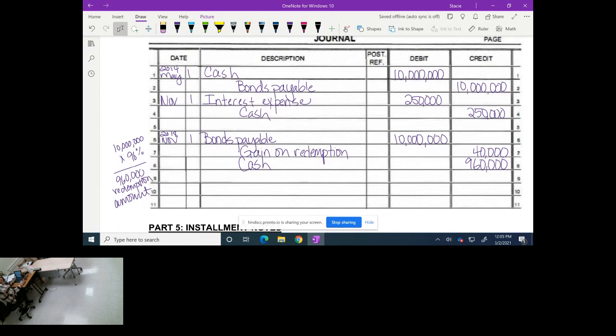Well, because the bonds payable amount's always going to be face, so it's $10 million, $10 million, but they're only having to pay $960. So they're coming out on the other end of the deal. Plus, you have to plug the entry and a gain as credit.